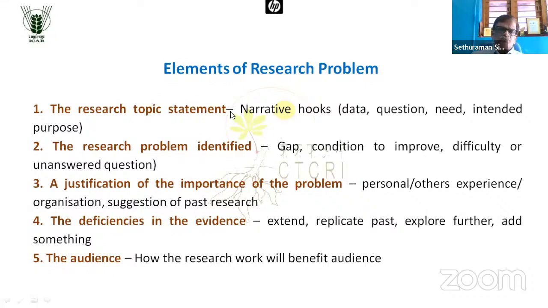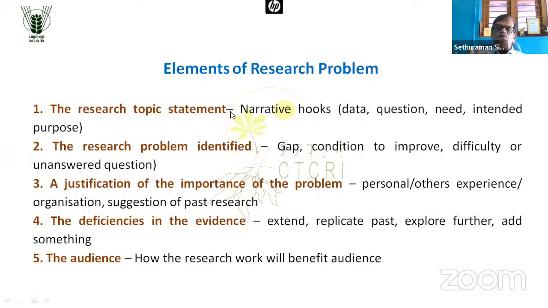Sometimes your seniors might have conducted some research and published a paper, and in the suggestions for improvement they might have said that this research work has to be extended. This data was collected only with 200 participants.